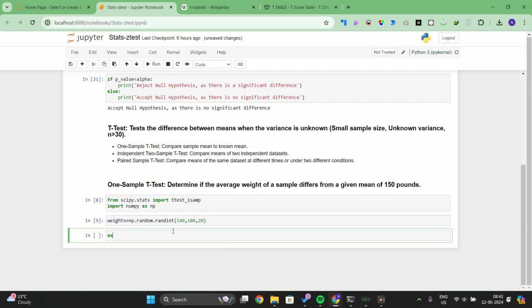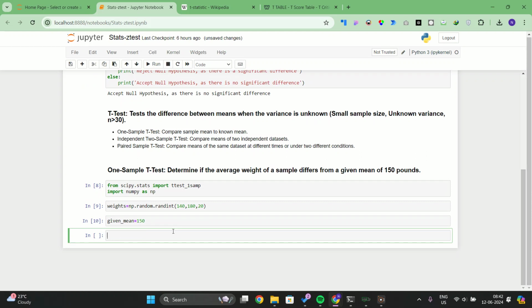And let's say the assumed or given mean weight is around 150. That's what we're considering. And let's perform the t-test. The two parameters that need to be passed are the sample itself and the given or assumed mean.